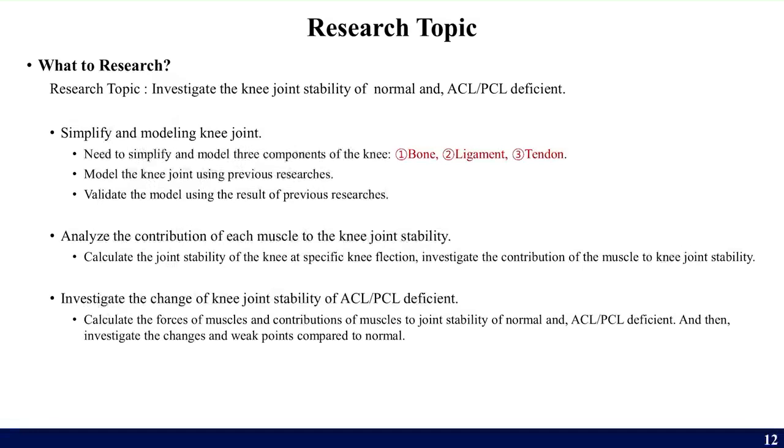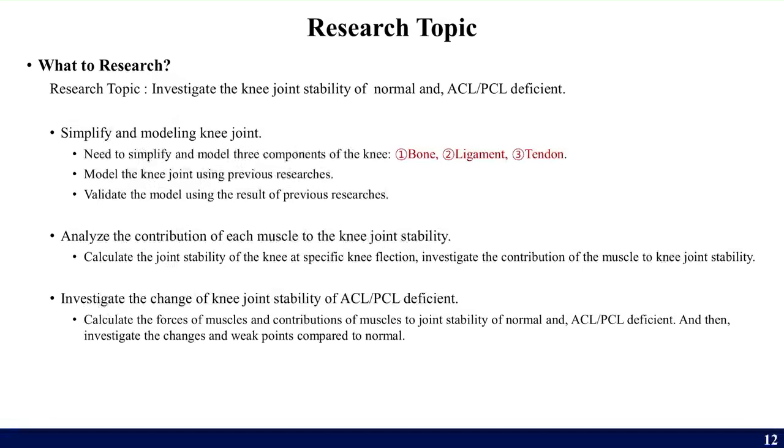And then I validate my modeling. The second is to analyze the contribution of the muscle to the knee joint stability. So I simulate the normal case and investigate how each muscle contributes to the joint stability.